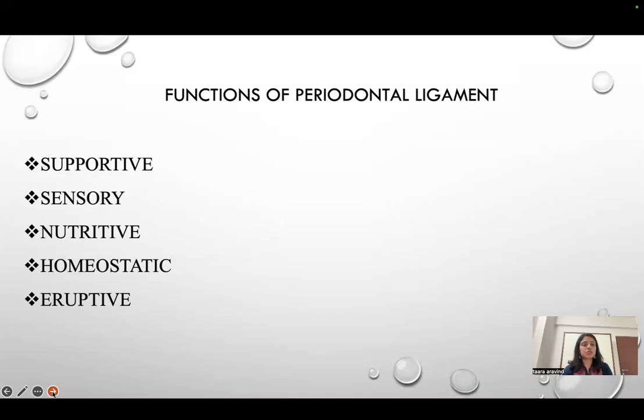that is supportive, sensory, nutritive, homeostatic, and eruptive. So supportive, when a tooth is moved in its socket as a result of forces acting on it during mastication or through application of orthodontic force, part of the periodontal space would be narrowed and the periodontal ligament contained in this area would be compressed.